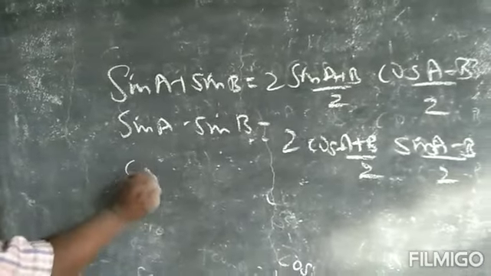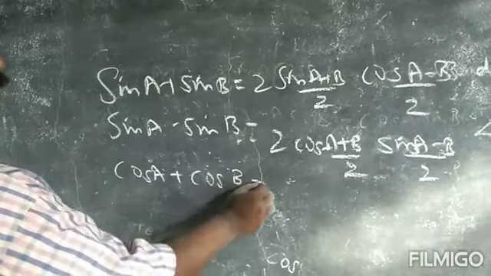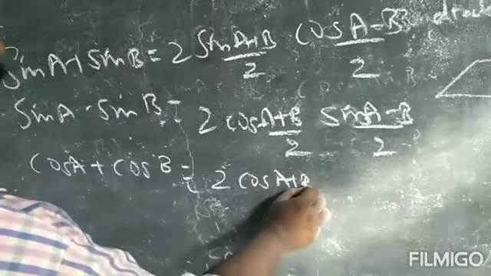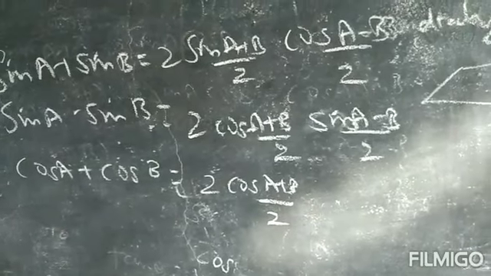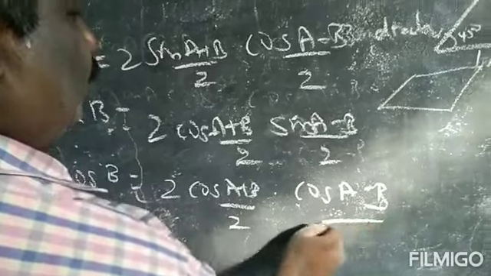Likewise, cos A plus cos B is equal to 2 cos A plus B by 2 into cos A minus B by 2.